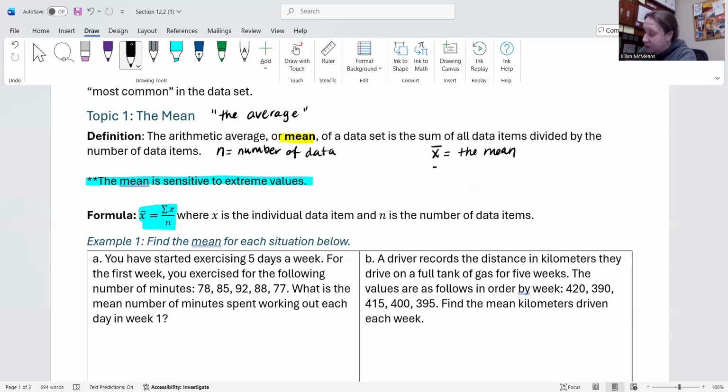In this formula, we have this little critter. This is the summation symbol, and it quite literally just means add them up. We have the summation symbol, and whatever comes after that is what we're going to add up. What comes after that is X, and X represents the individual data items.